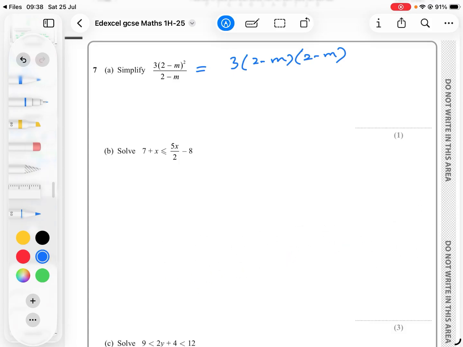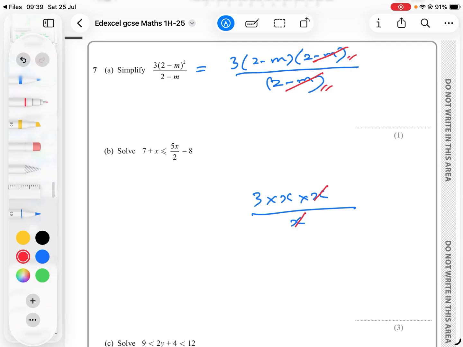This one divided by 2 minus m. So when you look at this, it is exactly like 3 times x times x divided by x, which means you can cancel out one of the x. In the same way, 2 minus m and 2 minus m are the same, so you can cancel them out.